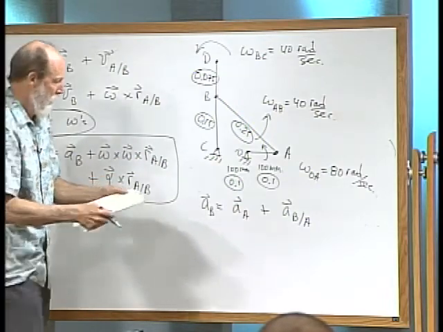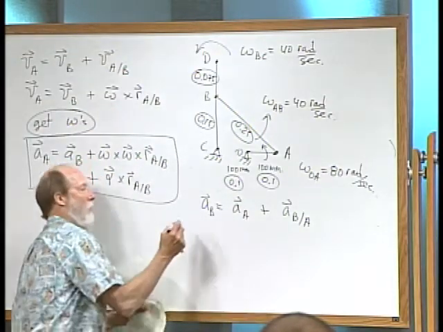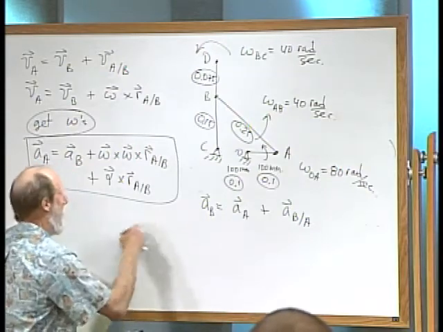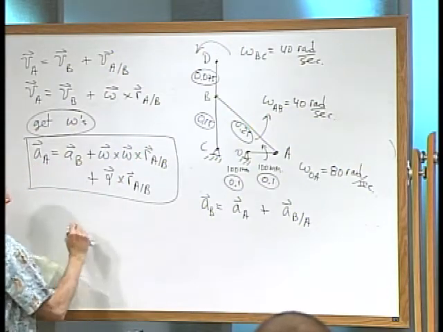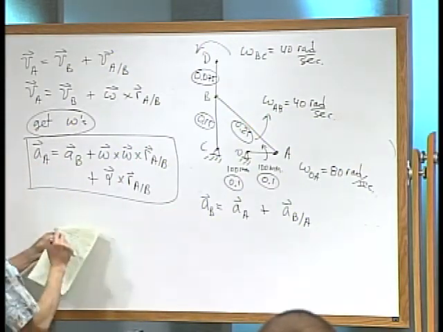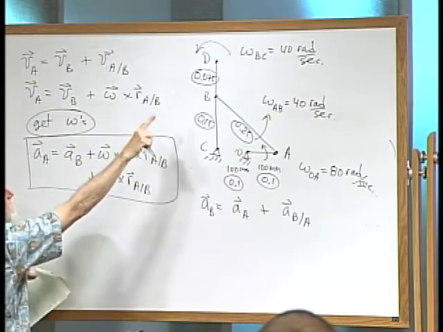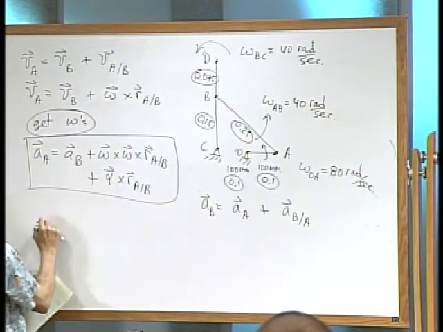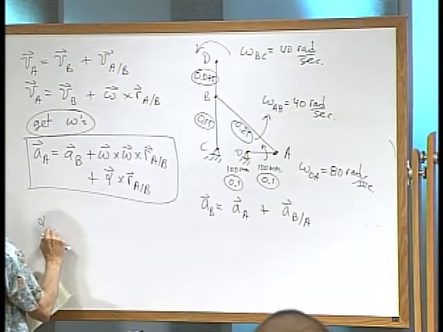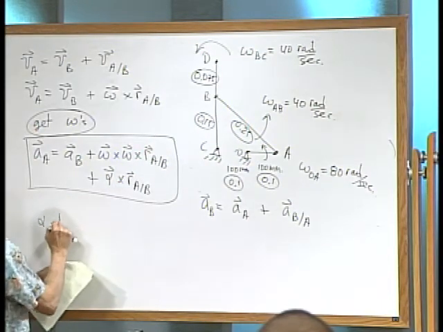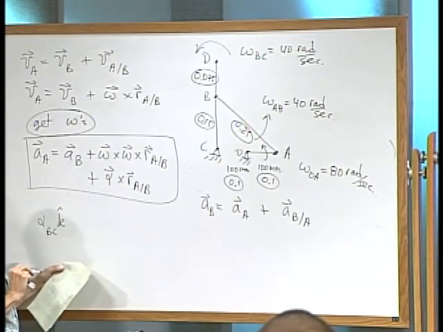So what we end up having here, I'll start over here on the left, is the acceleration of B is going to be alpha of member BC, unknown value, k hat.